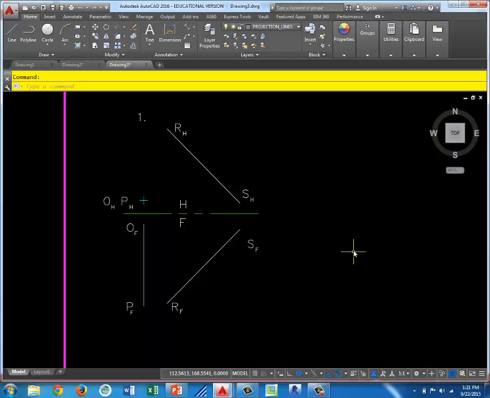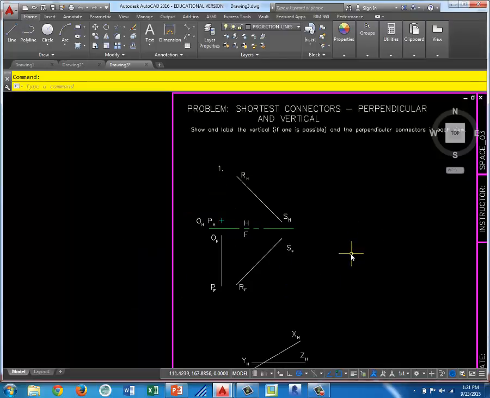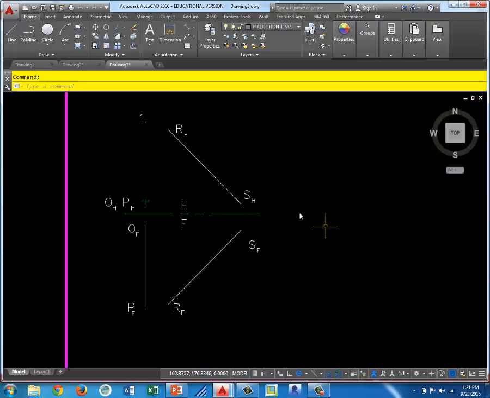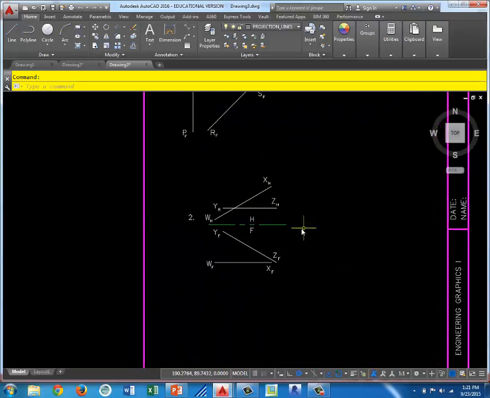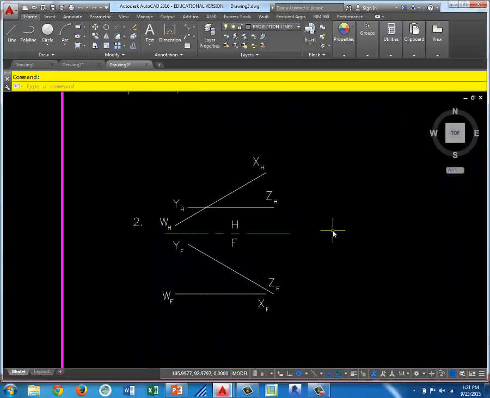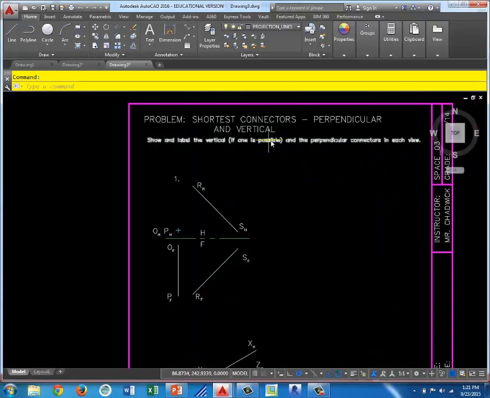Is a vertical connector possible on this one? No, they don't cross in the horizontal view, so no vertical connector possible. Is a vertical connector possible on number 2? Yeah. So then you'll need to find your point views, find your perpendicular connector in all views, and your vertical connector. Now I don't ask you for dimensions on these, so I just want to see labels of PC and VC.